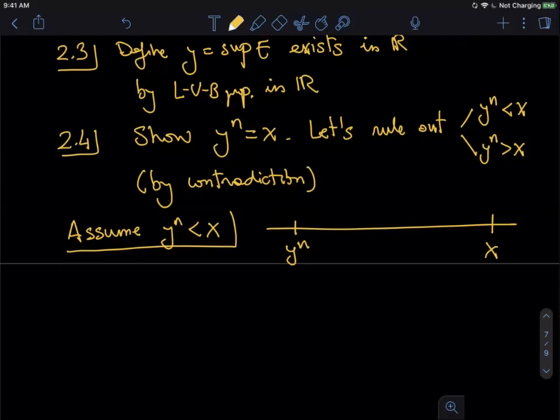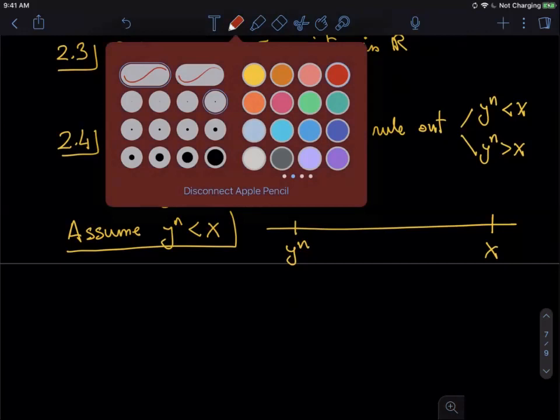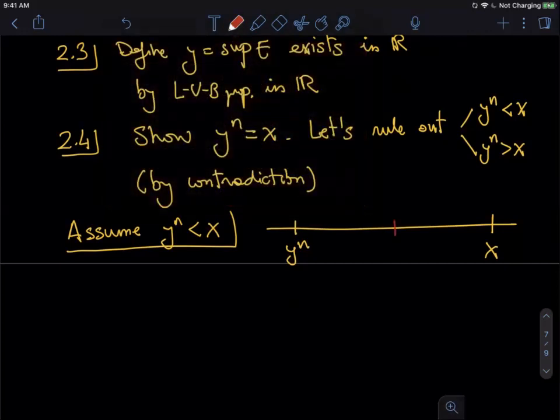Okay, and remember that y is a least upper bound. So we need to find some type of contradiction with being the least upper bound or with being an upper bound. So what we are going to try to do here is to find what I will call an in-between. That's not a technical word, but it's clear, right?